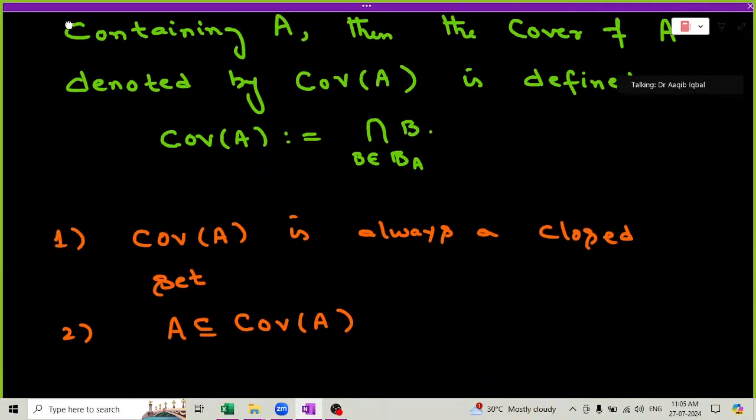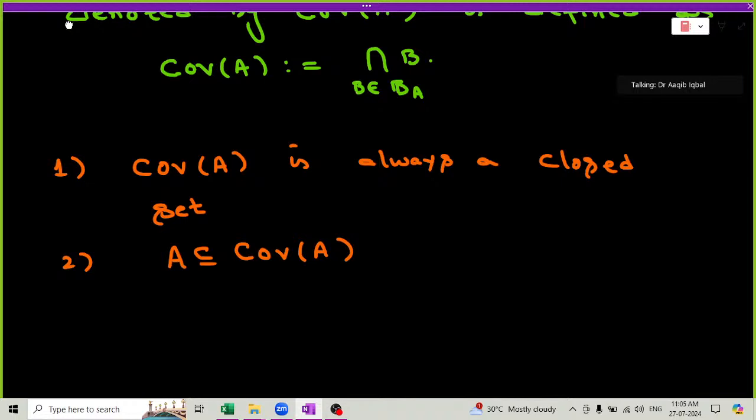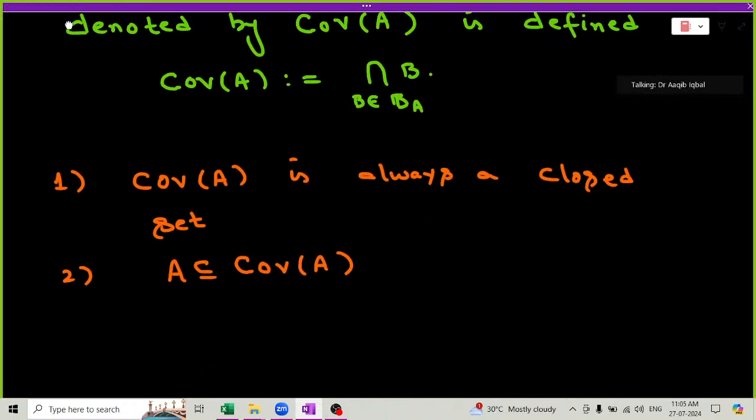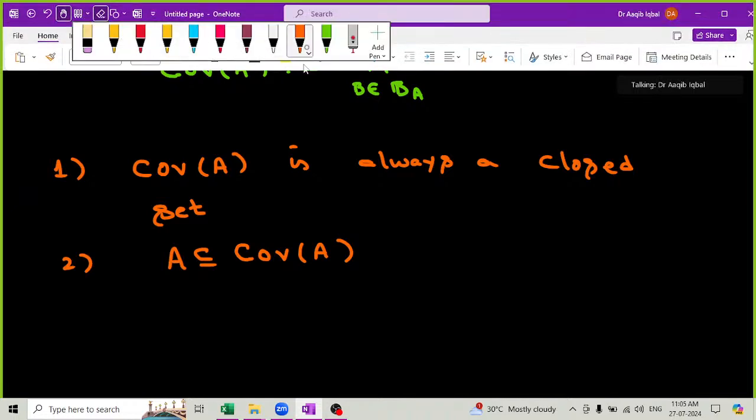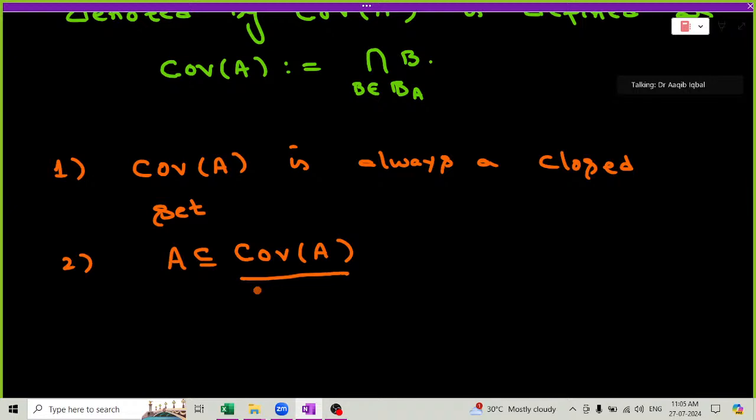If A is unbounded, this is trivial because the cover of A in that case will be X, and A is contained in X. If A is bounded, in that case the cover of A will be the intersection of all the balls containing A. Since the balls are containing A, A will be contained in the intersection.